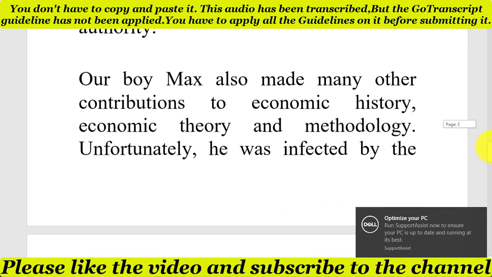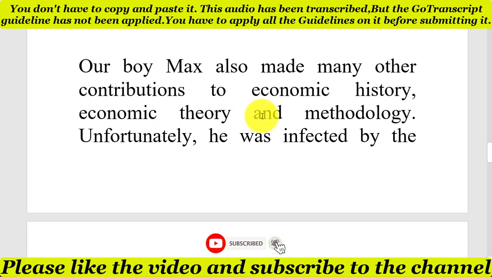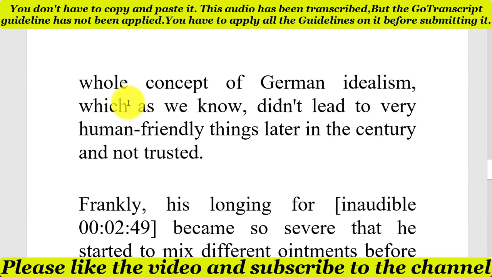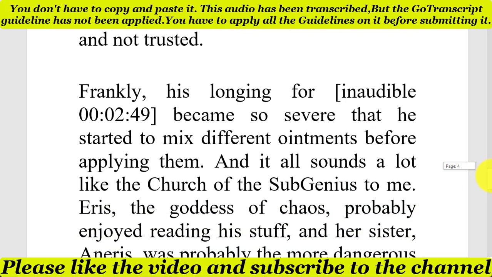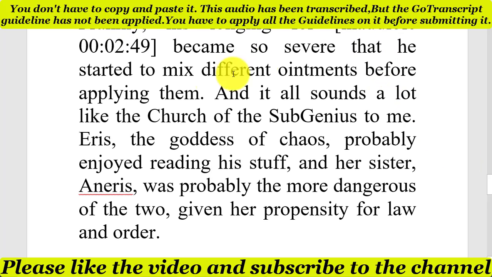Our boy Max also made many other contributions to economic history, economic theory, and methodology. Unfortunately, he was infected by the whole concept of German idealism, which, as we know, didn't lead to very human-friendly things later in the century, and not just it. Frankly, his longing for agoraphobia became so severe that he started to mix different ointments before applying them.